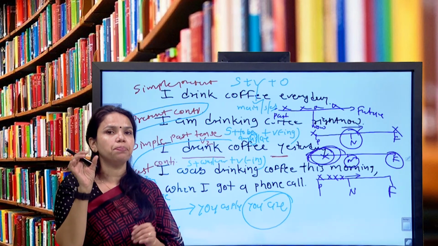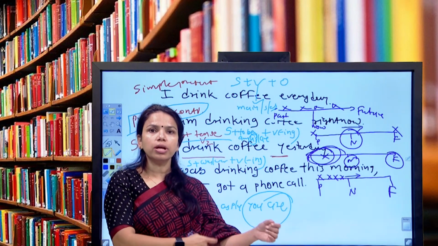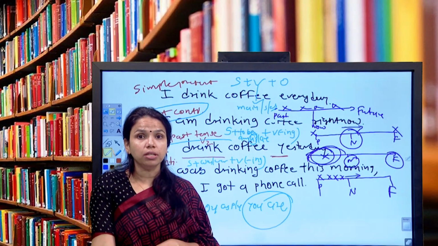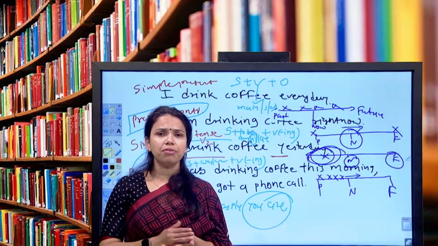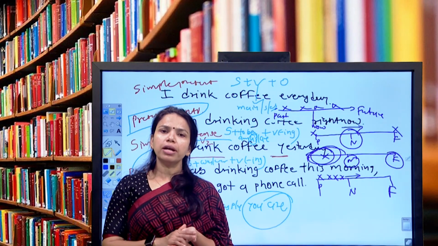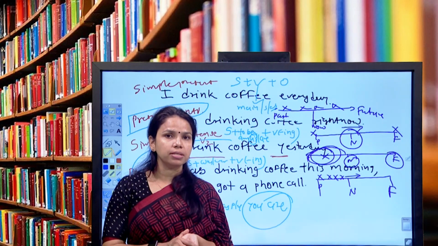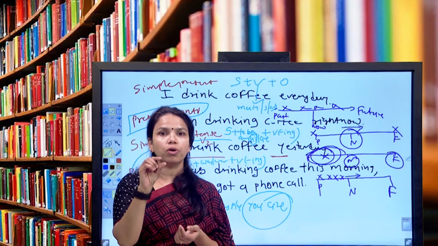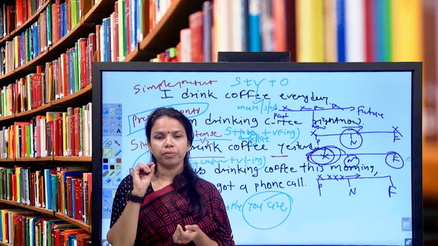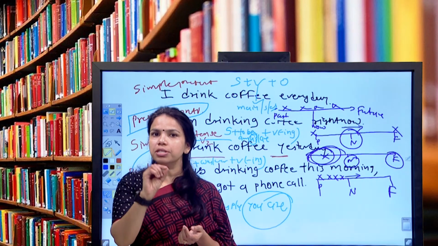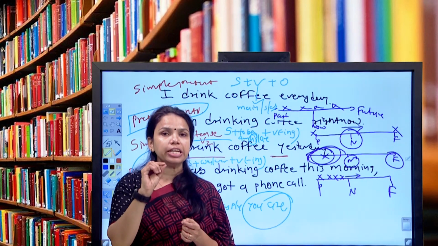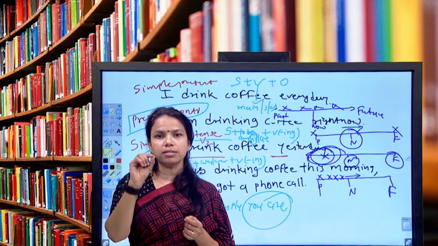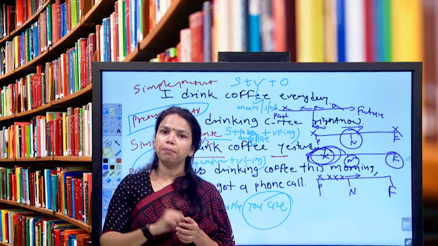If it is simple present tense, if it is an everyday routine, if it is a universal truth, a factual truth, in that case you have to use simple present tense, and for the verb you use the main verb form, V1 form. And if the subject is third person singular, in that case you have to put s or es after the main verb.